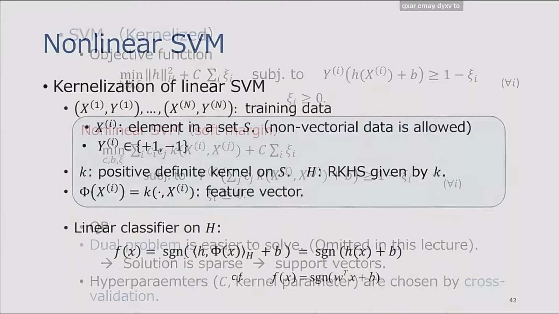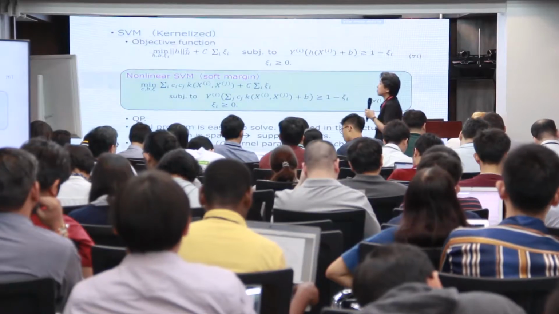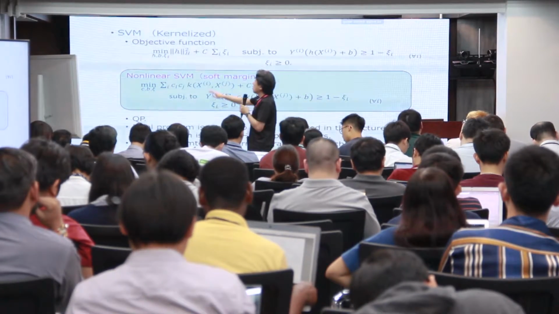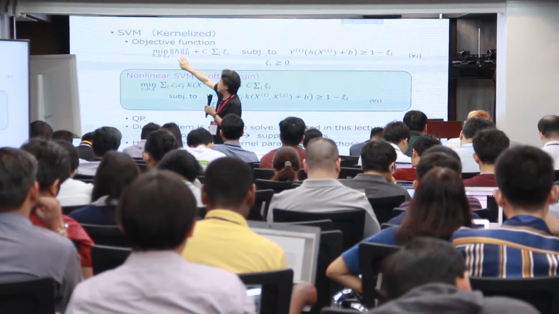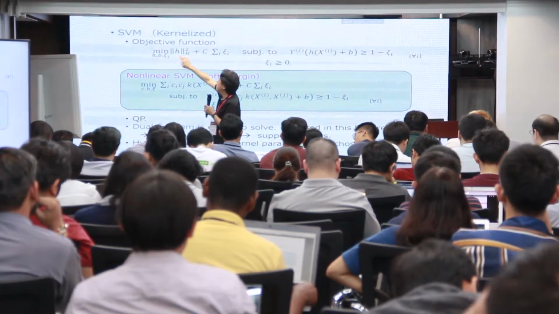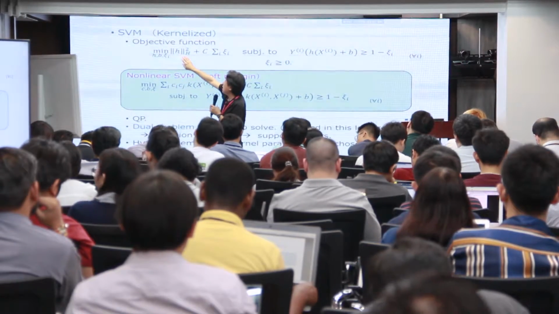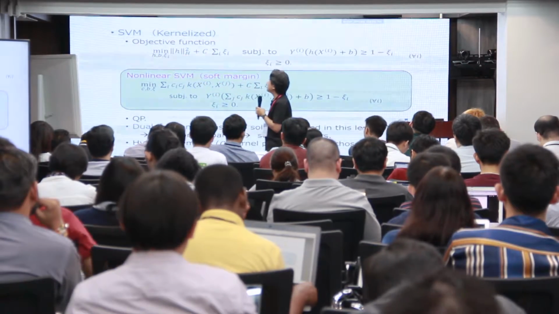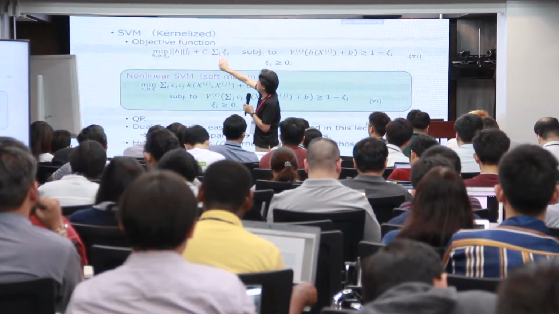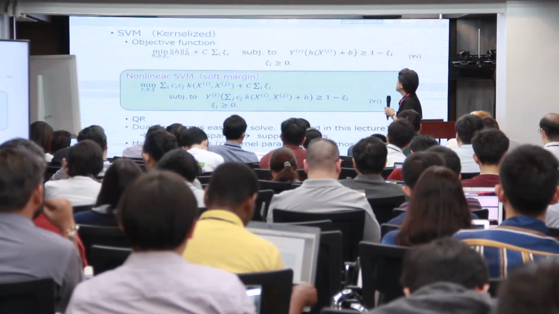And as in the previous case, our objective function is given by the squared norm of the coefficient vector. Instead of w, we just write h here. And the norm is measured by the RKHS norm, well, the norm in the feature space. And this is exactly the same as the extent of the break of the linear constraint.